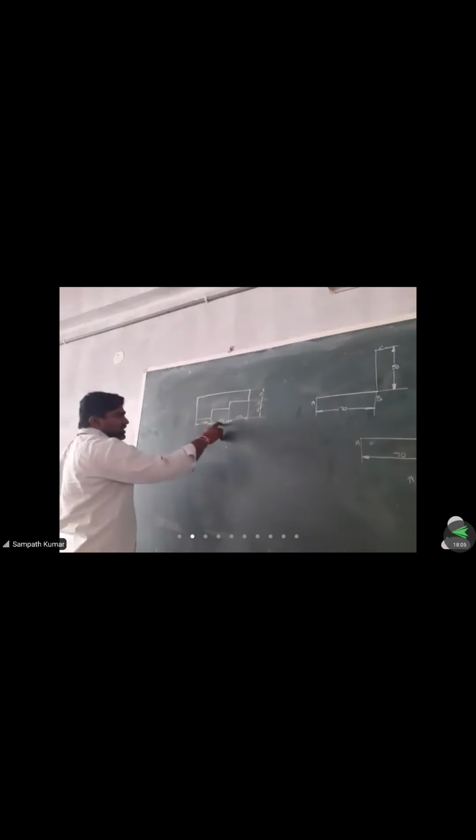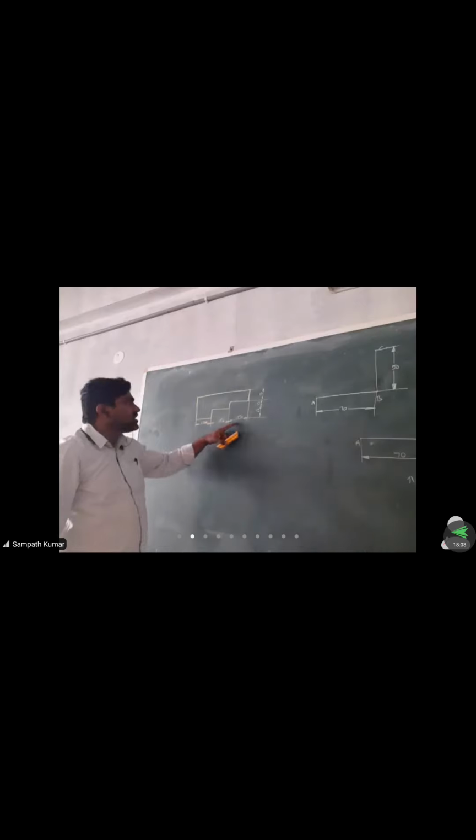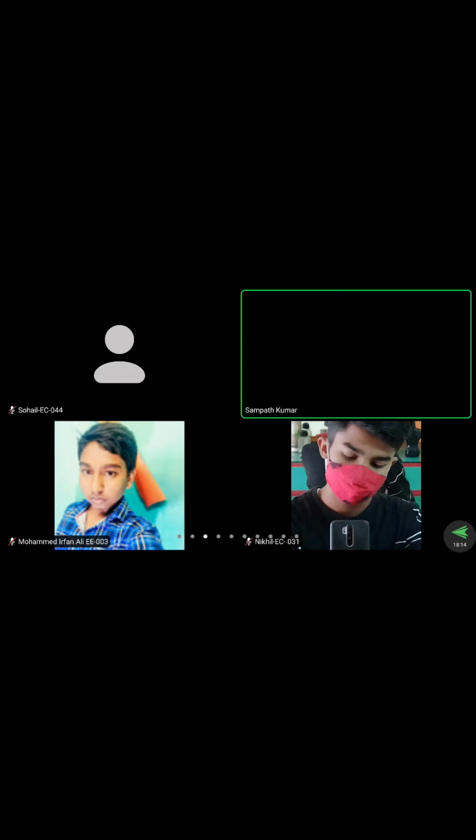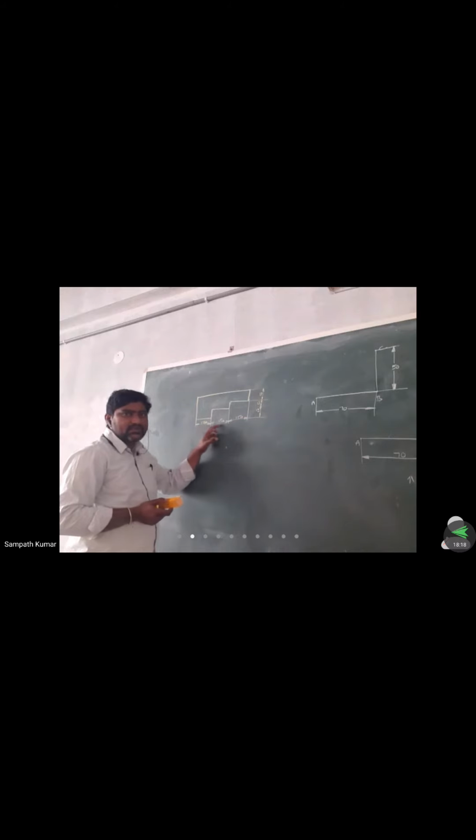In terms of centimeters, 10 centimeters, 15 centimeters, 15 centimeters, 5 centimeters, 5 centimeters, and 5. Okay, what is the chain dimension? This is also called the chain dimension, which means successive dimensioning must be in a straight line.